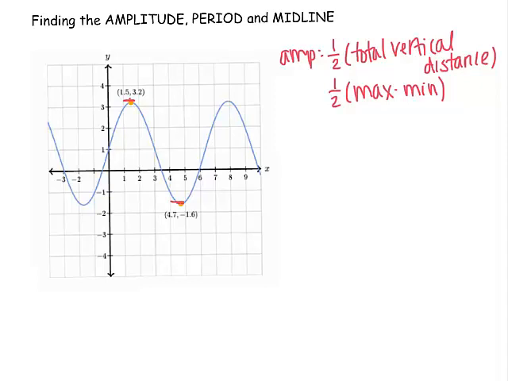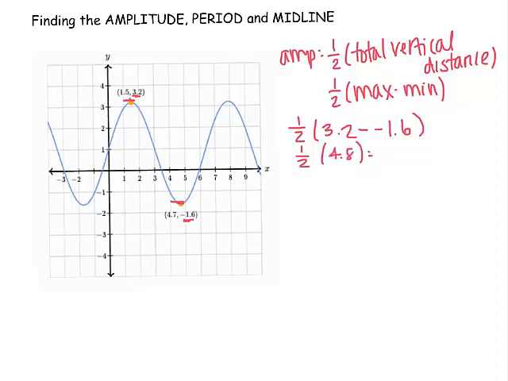So the maximum value in this case is 3.2. It's the y value of that max right there, and the min value is -1.6. So I'm going to take 3.2 and subtract -1.6, and you're right, that is going to give me a positive number, positive 4.8.